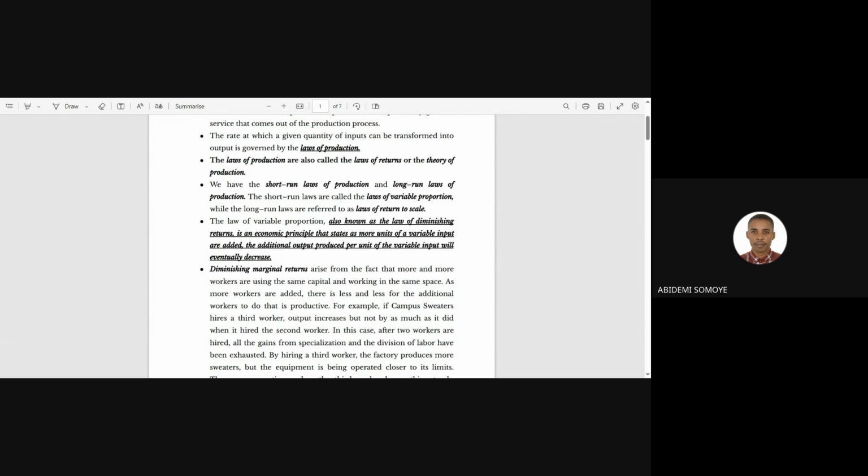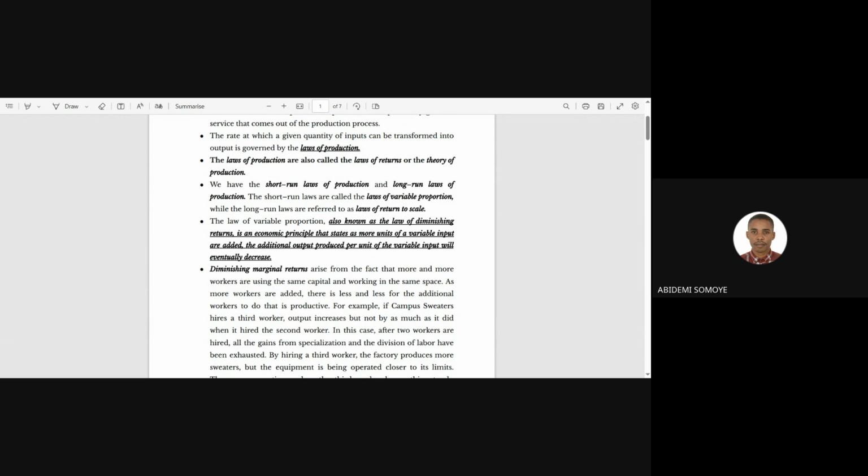The law of variable proportion, also known as the law of diminishing returns, is an economic principle that states as more units of a variable input are added, the additional output produced per unit of the variable input will eventually decrease.